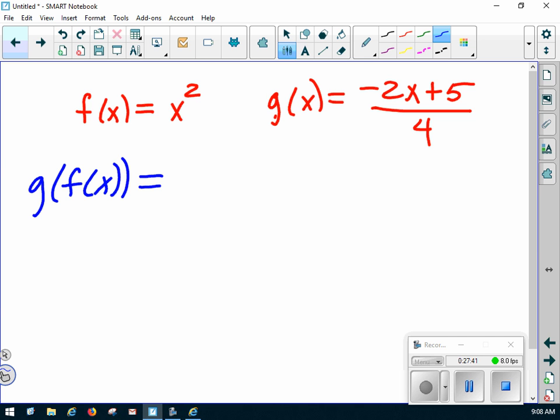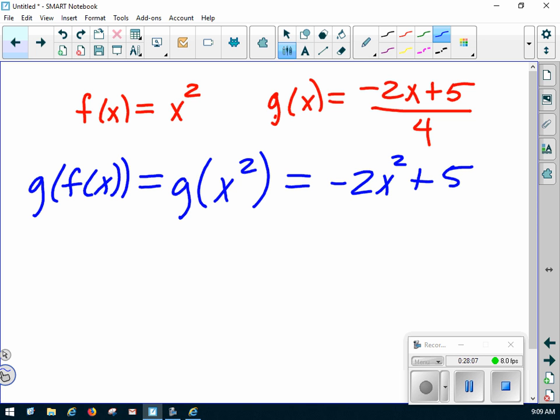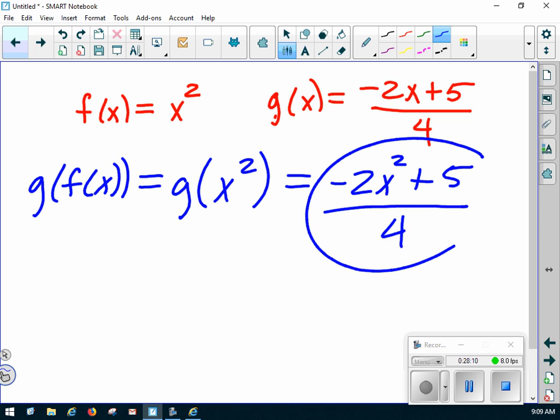X squared. What's going into g? X squared. You're going to write that, f of x, which is x squared. So I'm going over to old g, and I'm kicking x out. And what's being put in its place? X squared. So what am I going to write down? That's it.